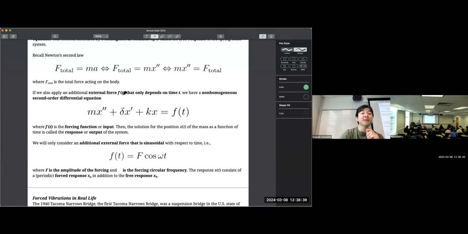One could have a force that's dependent on the actual position of your object, but that would make it a harder problem. So let's make the external force only time dependent. So it's not a constant force like gravity. Gravity is always the same force the whole time. But what if you have an external force that's not constant?